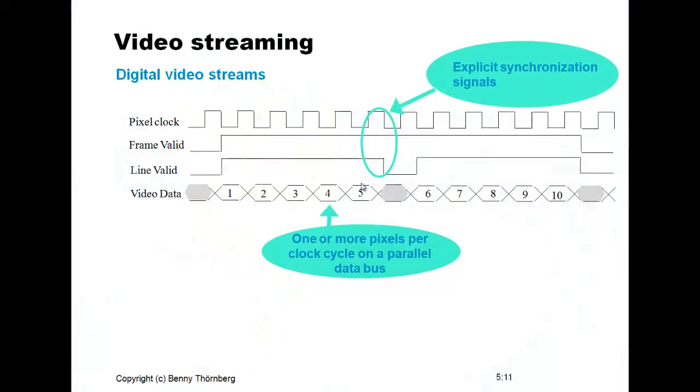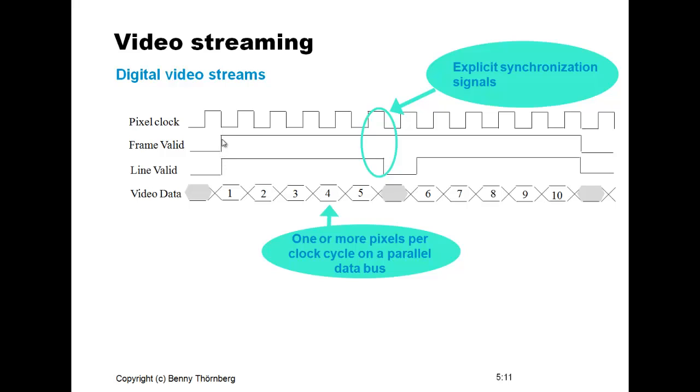Normally for digital video streams, the synchronization signals are made explicitly. In this diagram, you see a pixel clock, and the flanks of each pixel clock mean that those are the times when a digital word of a pixel on the data bus is transferred.